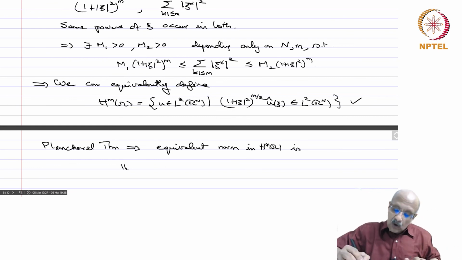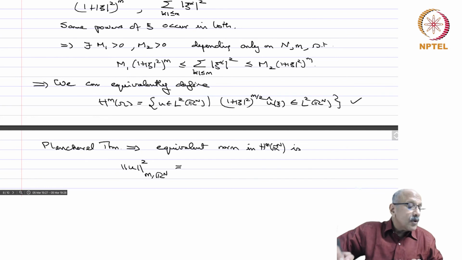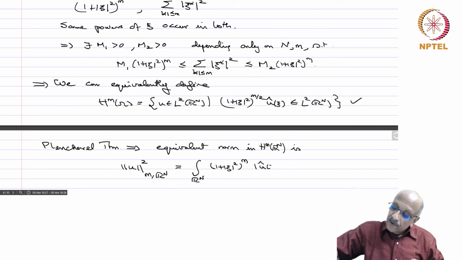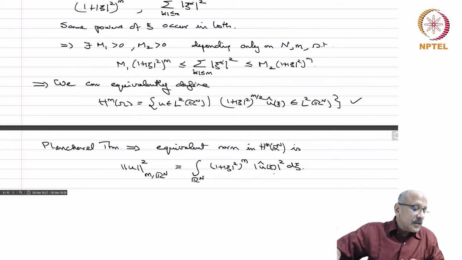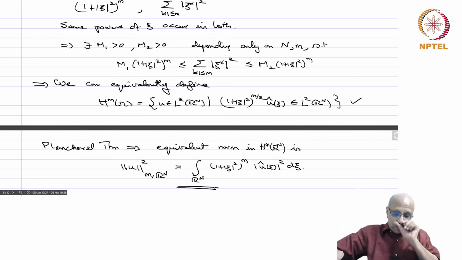the norm of u in H^m(R^n) squared equals the integral over R^n of (1+|ξ|^2)^m |û(ξ)|^2 dξ. Okay, so this is another way of writing H^m(R^n) when p equals 2, and its norm.